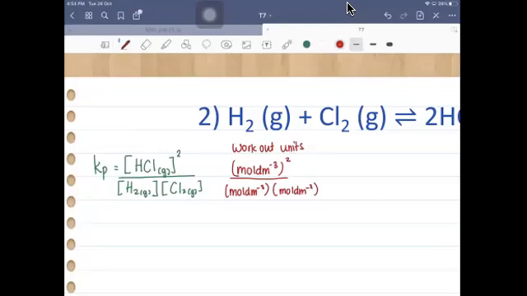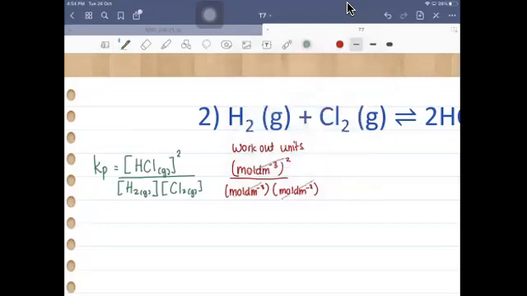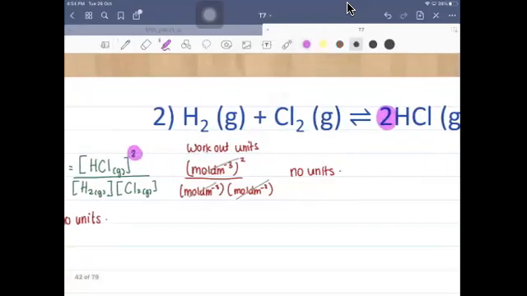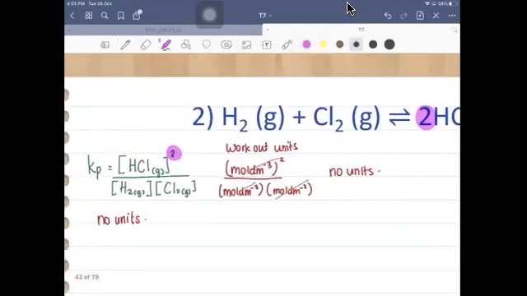Okay, so from here you can see that they both cancel out, top and bottom. So what are you left with? No units. And you have to write it in your answer. If there's no units, write it as no units. Okay, so I would just like to highlight again that power comes from the 2 moles of hydrogen chloride gas being produced. Straightforward, yeah?